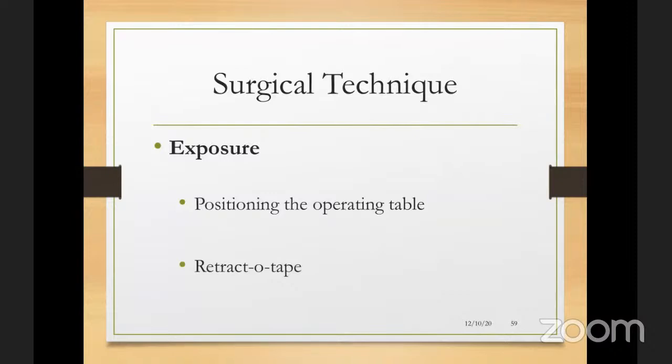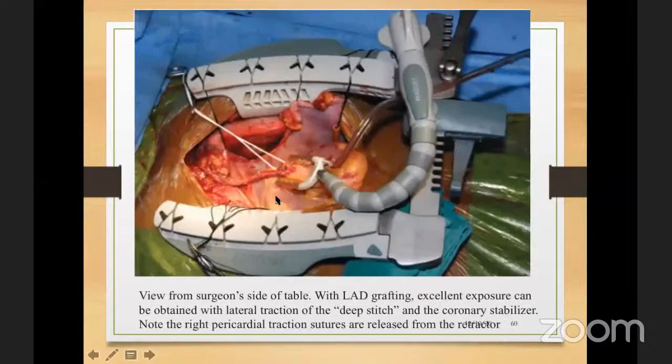Also for exposure, the positioning of the operating table helps in exposing the heart, and use of a retractor or tapes, as shown here, to control the proximal coronaries helps with the bleeding.